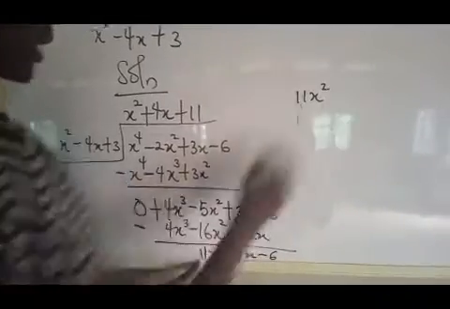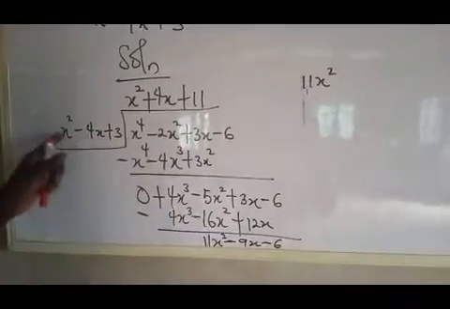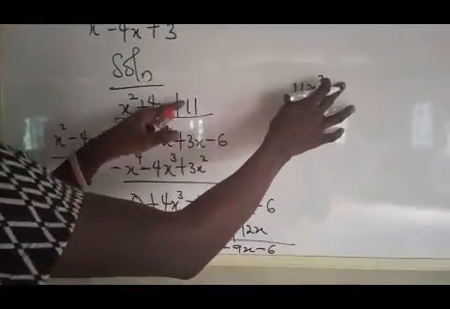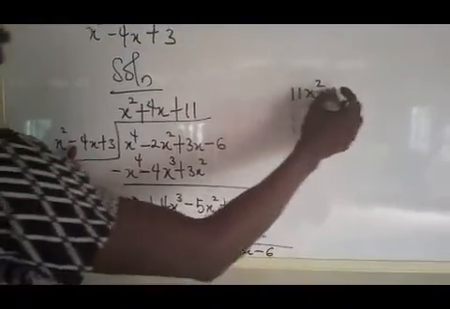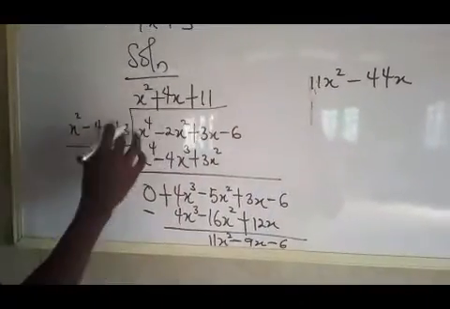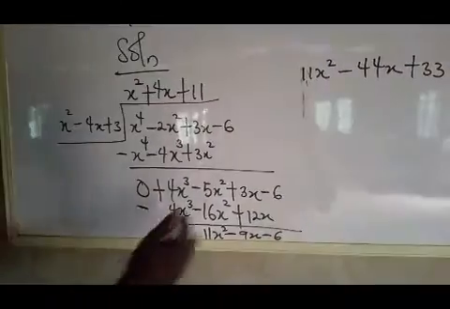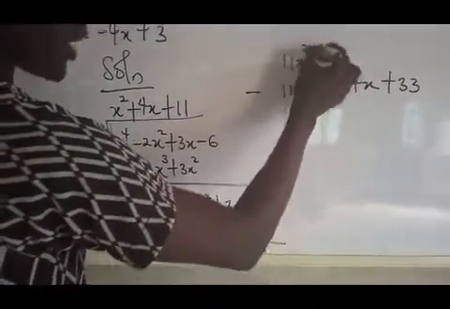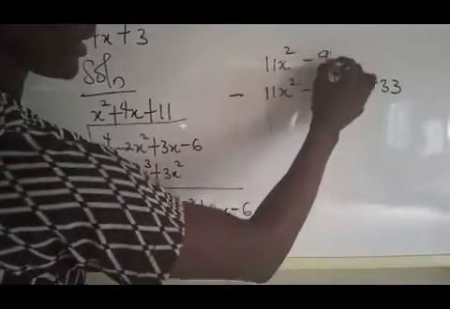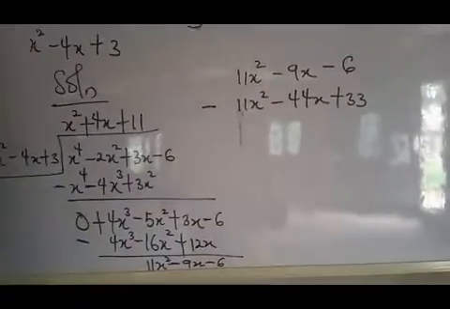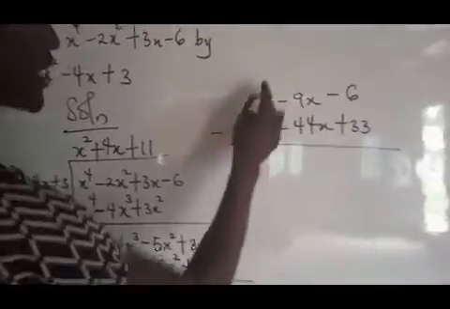Then 11 times minus 4 will give me minus 44x. 11 times 3 will give me plus 33. So if you subtract that, we have 11x squared minus 9x minus 6, and subtracting gives us 0 here.